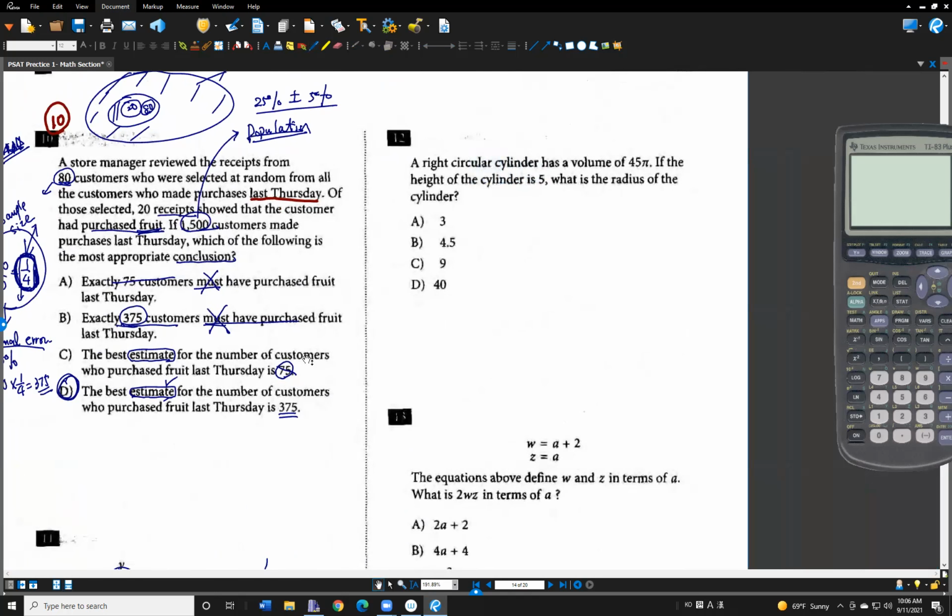Okay, number 12. A right circular cylinder has a volume of 45 pi. This is the right cylinder. Right cylinder means the sides, the height, are equal.